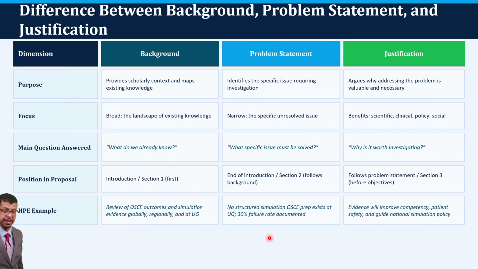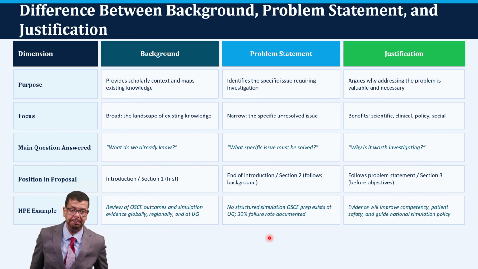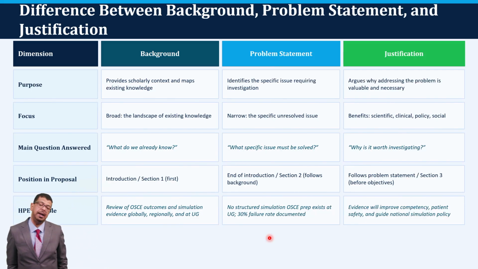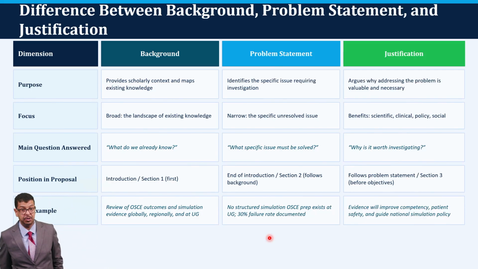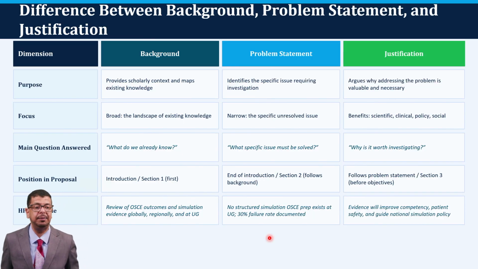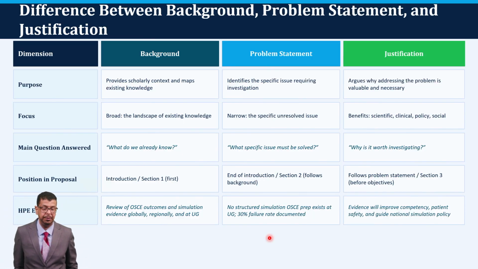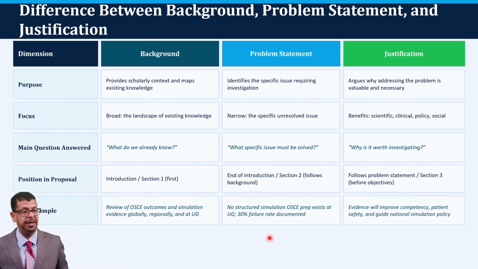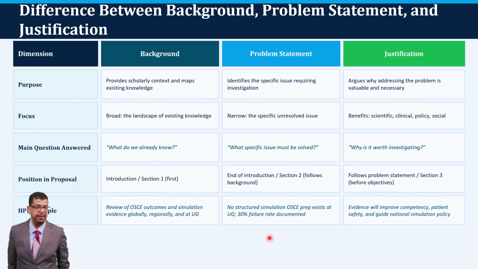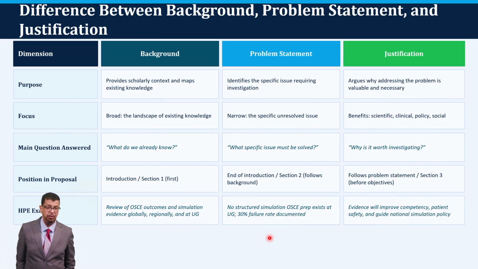So in summary, comparing the purposes: the background, at the beginning, provides scholarly context and maps existing literature. The problem statement identifies the specific issue requiring investigation, and the justification argues why addressing the problem is valuable and necessary.